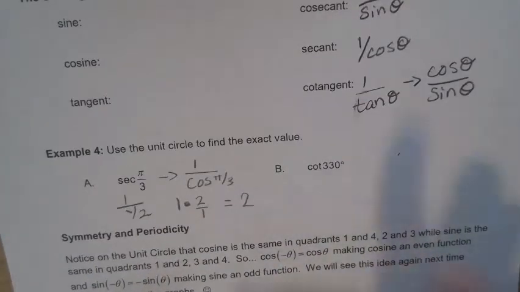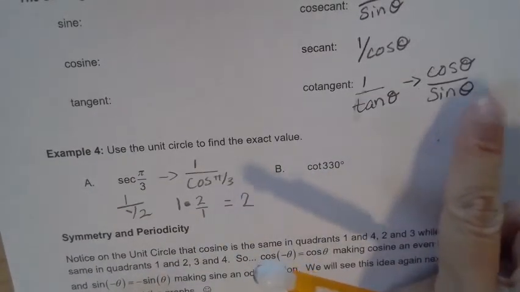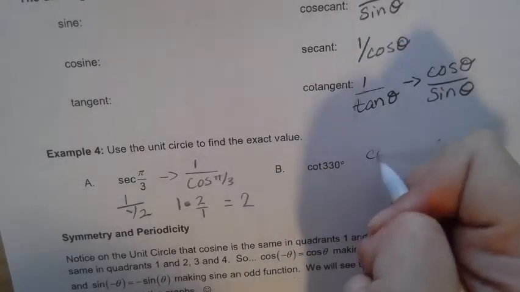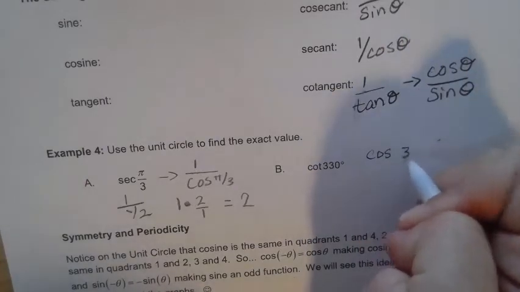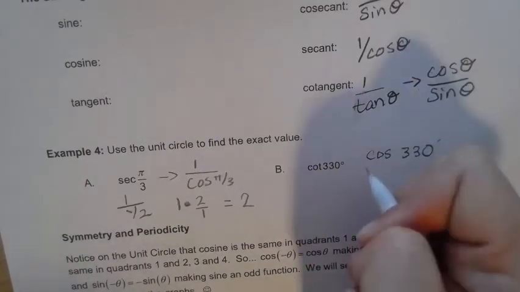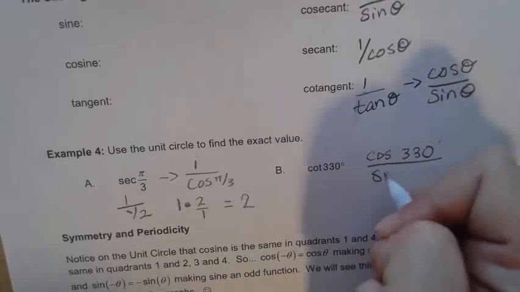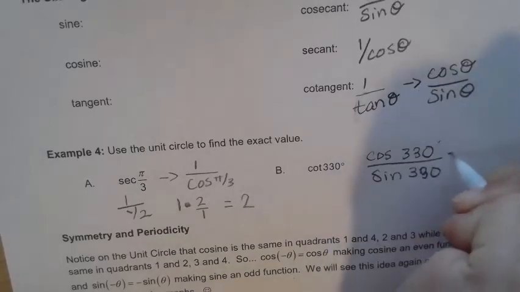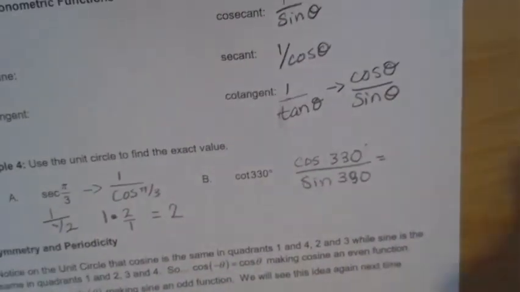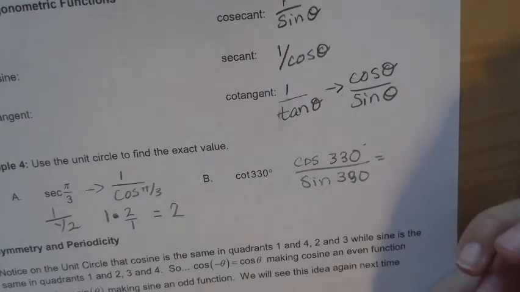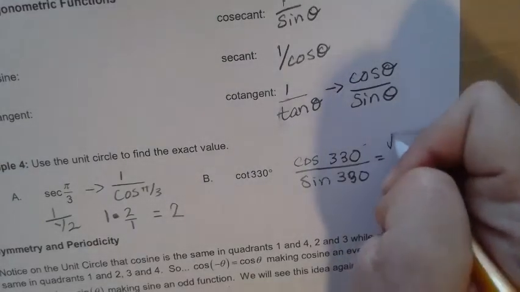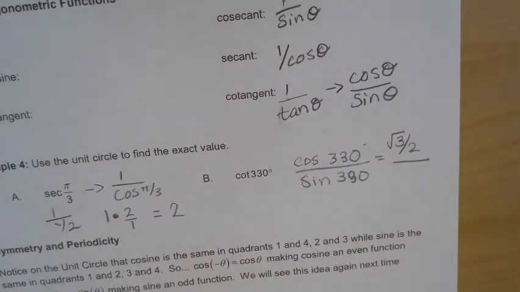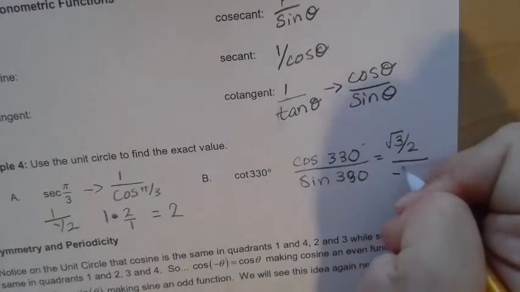So cotangent of 330, and it's going to be easier to remember cosine over sine. So I'm going to rewrite that. So it's cosine 330 all over sine 330, which gives us, if you go to 330 right now, cosine is square root of 3 over 2, and sine is negative 1/2.